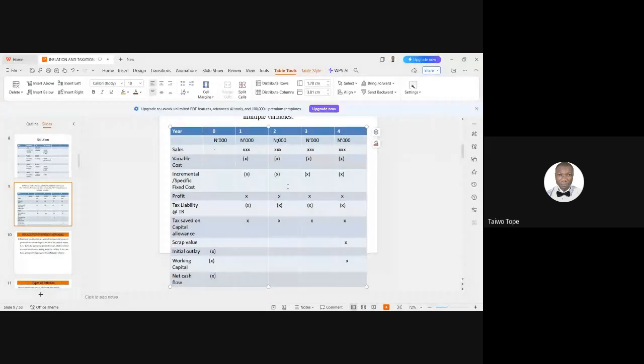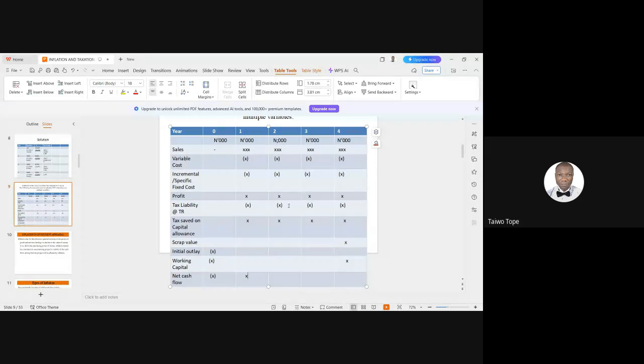As at this point, you have a profit. You have a tax. This profit less tax plus tax saved will give you the net cash flow as at year 1. That will be a positive value in most times, depending on the question. In year 2, same.